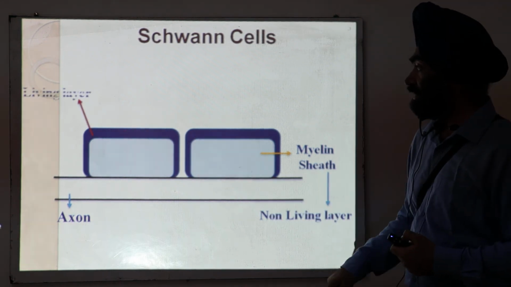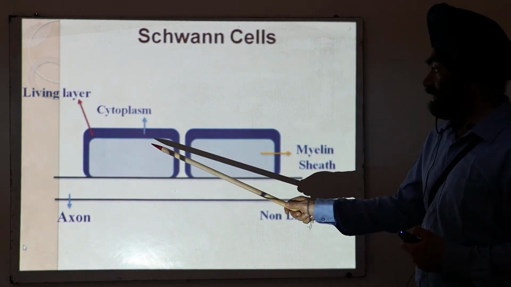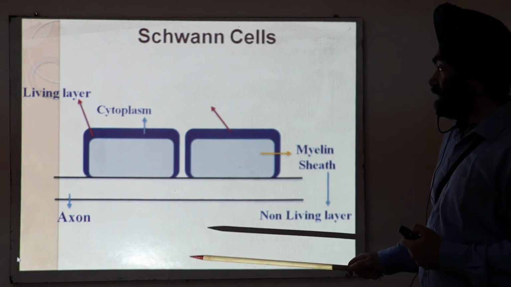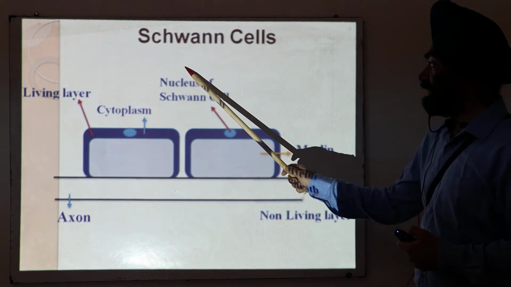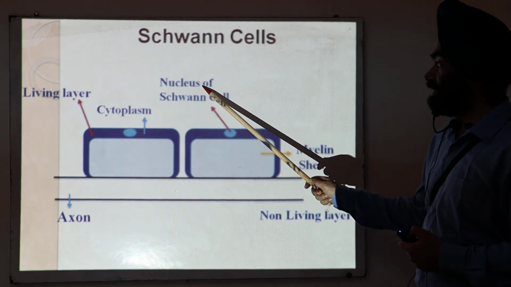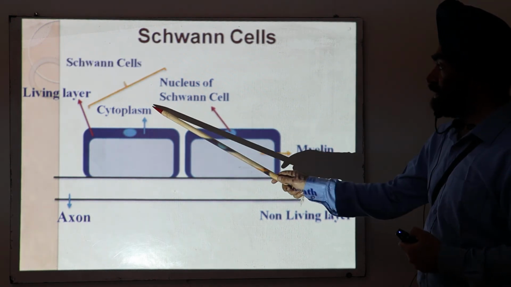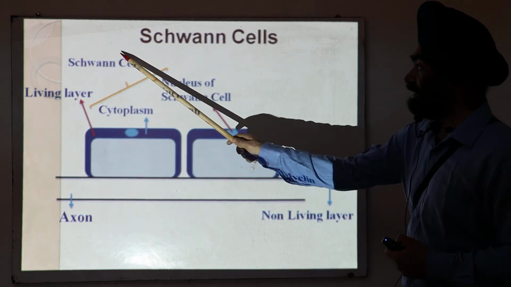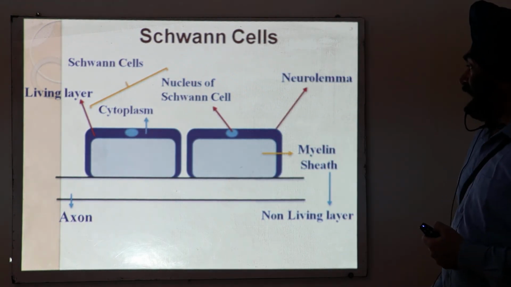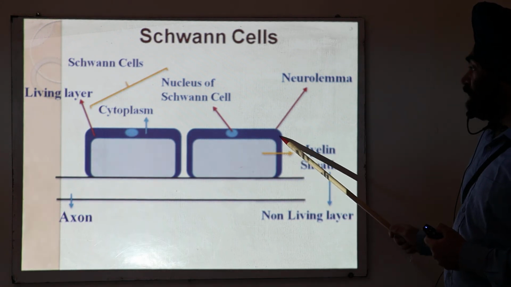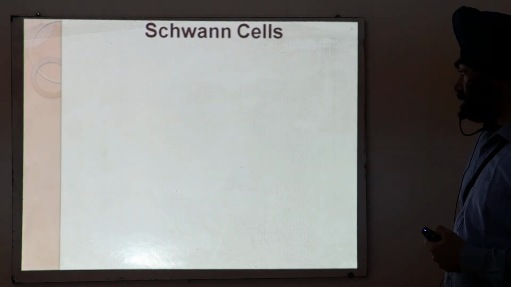This is the living layer, living cells, which has the cytoplasm and the nucleus, called the nucleus of the Schwann cell. Both the cytoplasm and the nucleus together form the Schwann cell. And the outer lining of these Schwann cells is called the neurolemma.